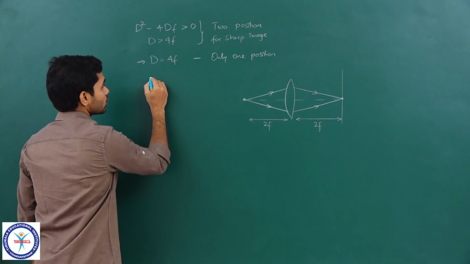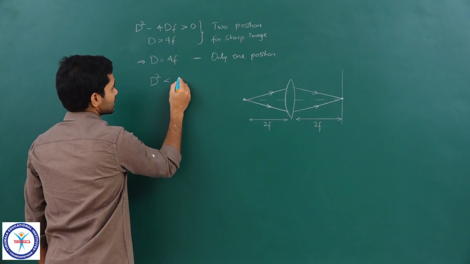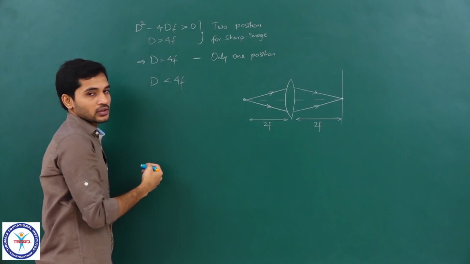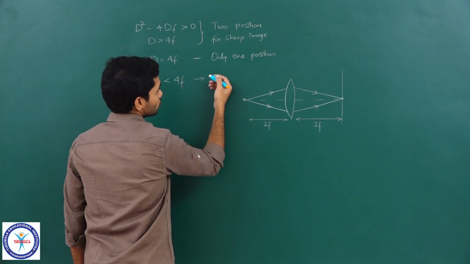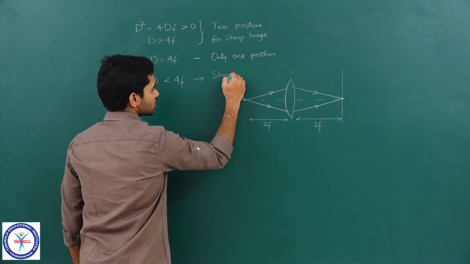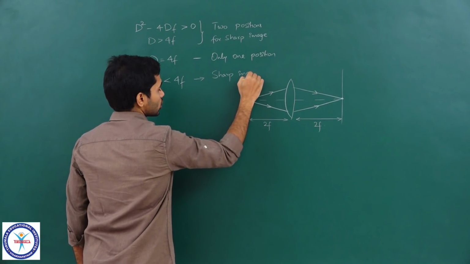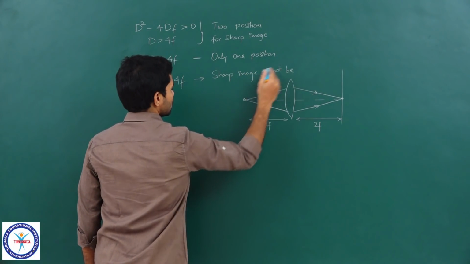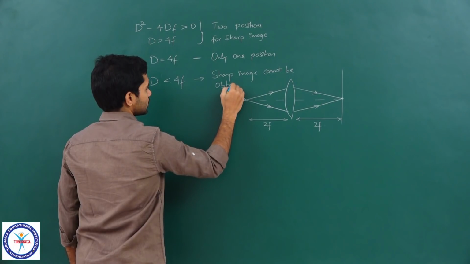Now, what is going to happen if d square is less than 4df, which means d less than 4f? It means that there is no solution for that. No solution means a sharp image cannot be obtained.